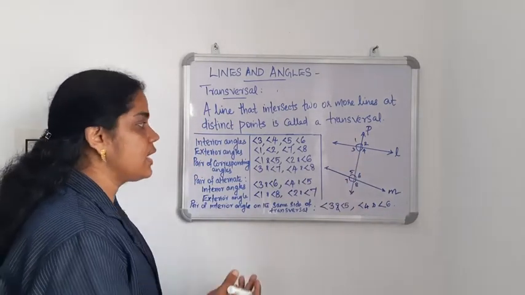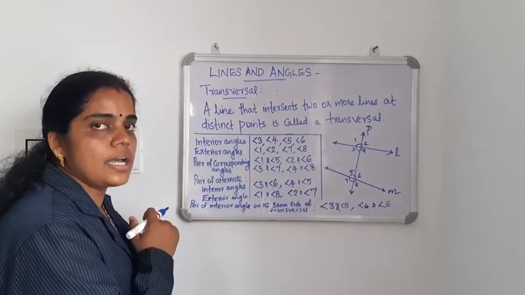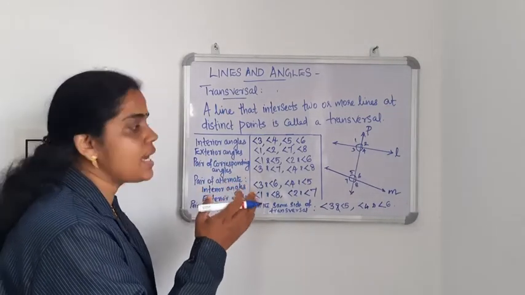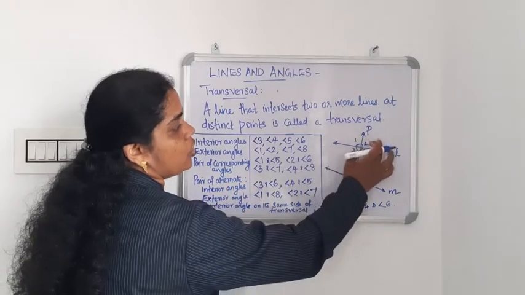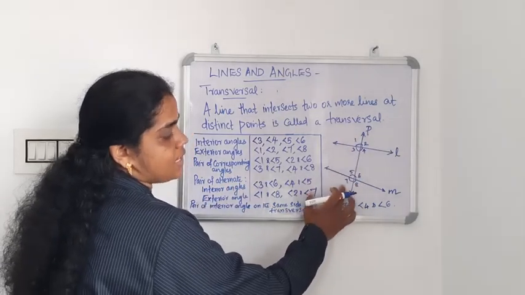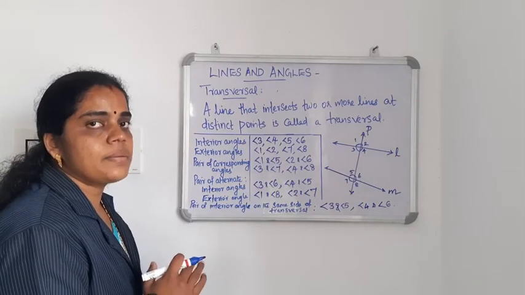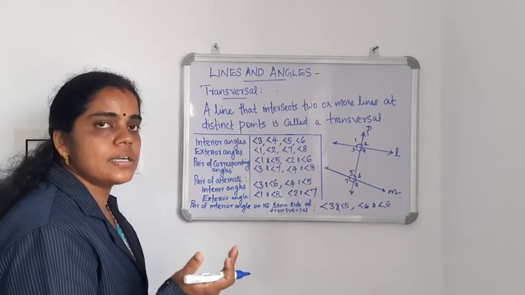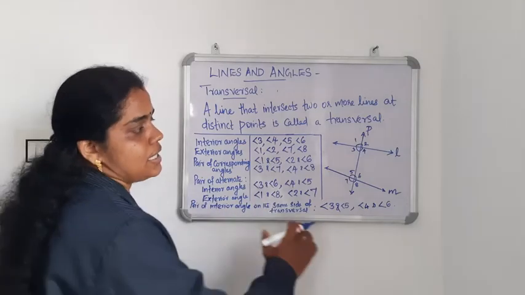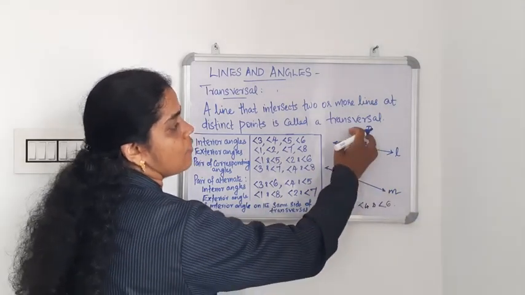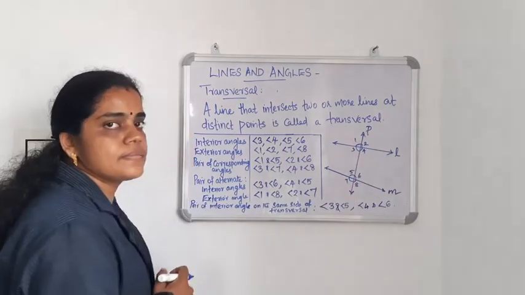What is exterior angle? Exterior means the outside angle. Angles 1, 2 are outside, 7, 8 also outside. Interior means inside, exterior means outside. Interior angles are 3, 4, 5, 6. Exterior angles are 1, 2, 7, 8.